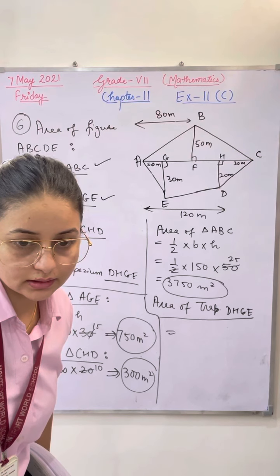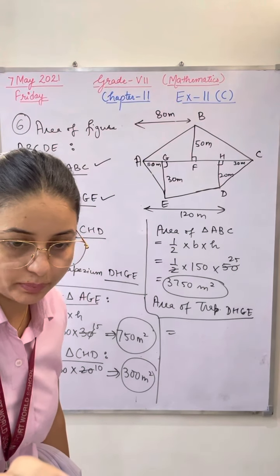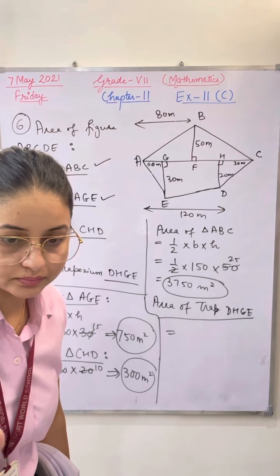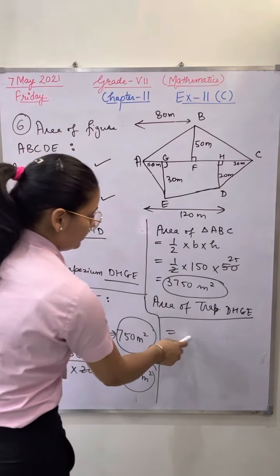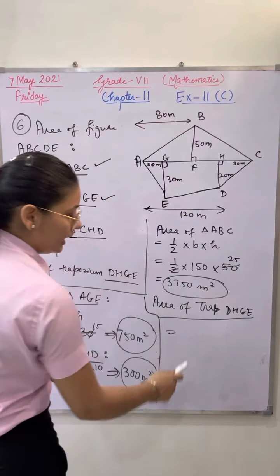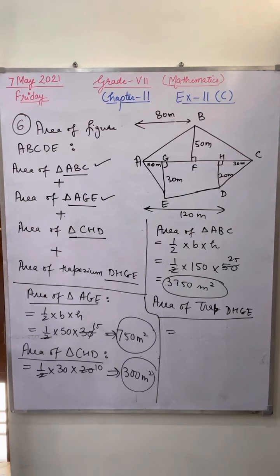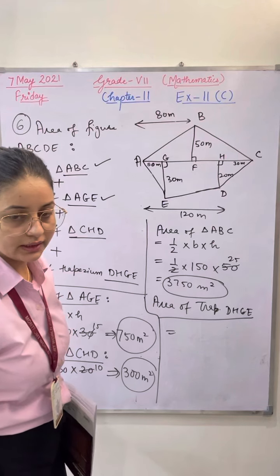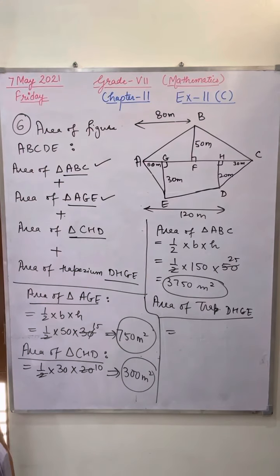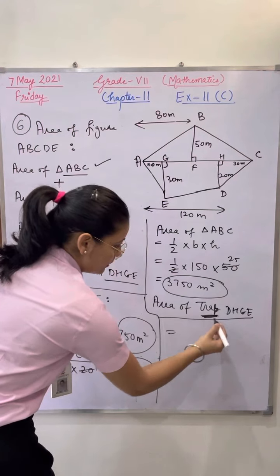Simarpreet. Due to some network problem, you had left. Now you have joined the class. Please unmute yourself quickly. Simar. Good morning, ma'am. Simar, please tell me what is the area of trapezium. First of all, the formula. Ma'am, not able to hear you properly.